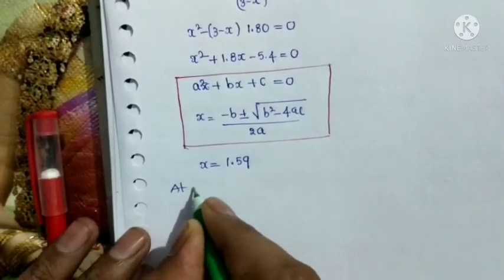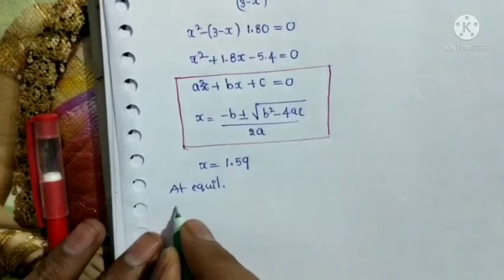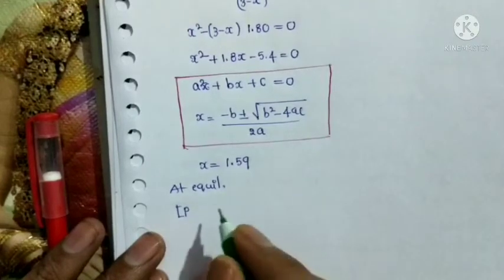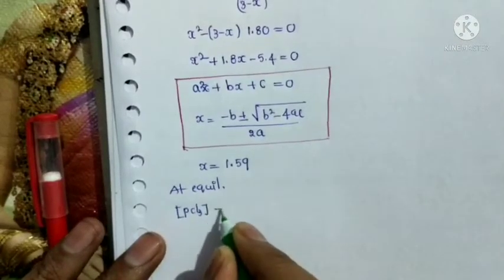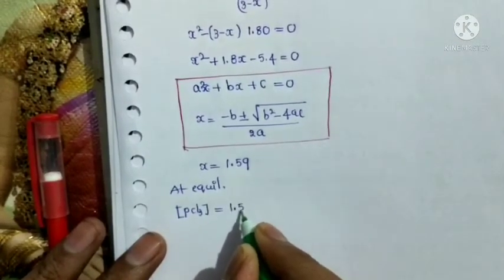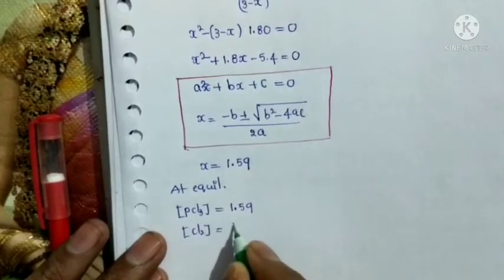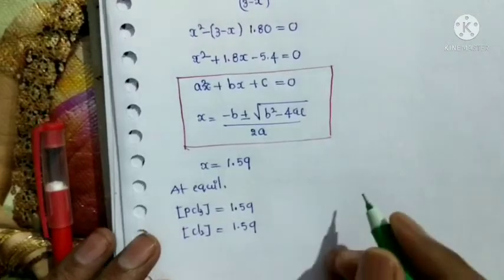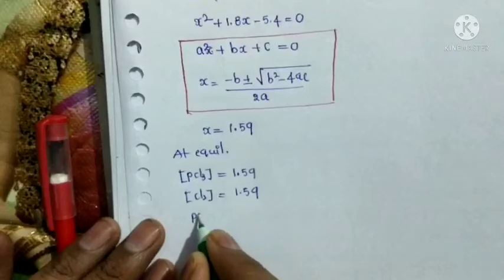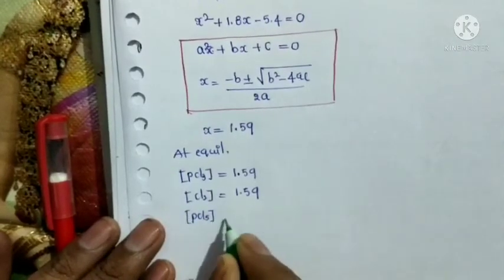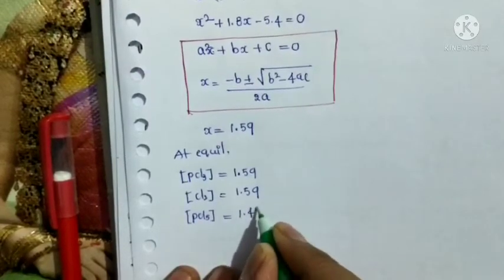At equilibrium, the concentration of phosphorus trichloride is 1.59, the chlorine gas is 1.59, and the concentration of phosphorus pentachloride at equilibrium is 1.41.